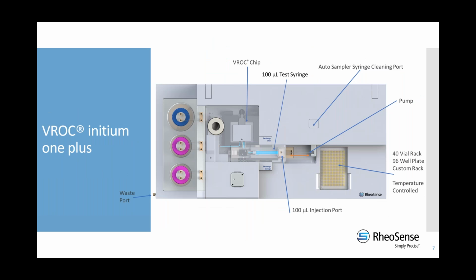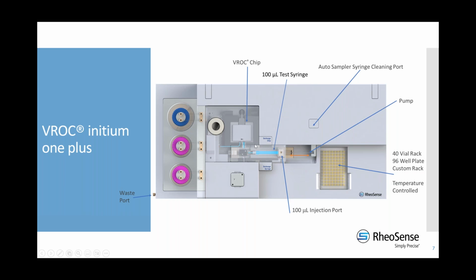However, for the data we're presenting here, we're using our Vrock Initium 1+, which is our automated system, and really ideal for biological materials because you can get away with using very small volumes. This is a bird's eye view of the system. The auto sampler will inject your sample into the test syringe, and then we force flow through the test syringe and into our chip.